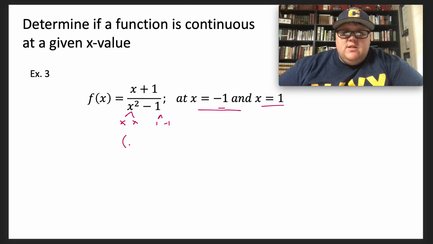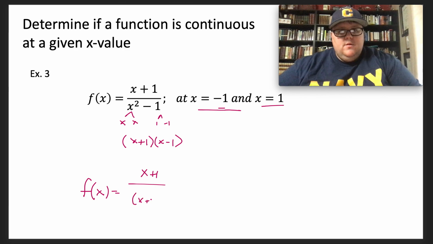So that factors as x plus 1 times x minus 1. Right? So what we're left with is f of x equals x plus 1 on top over x plus 1 times x minus 1.